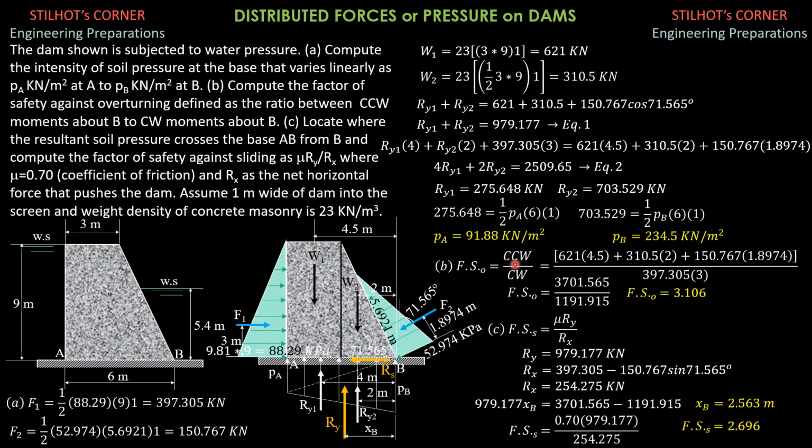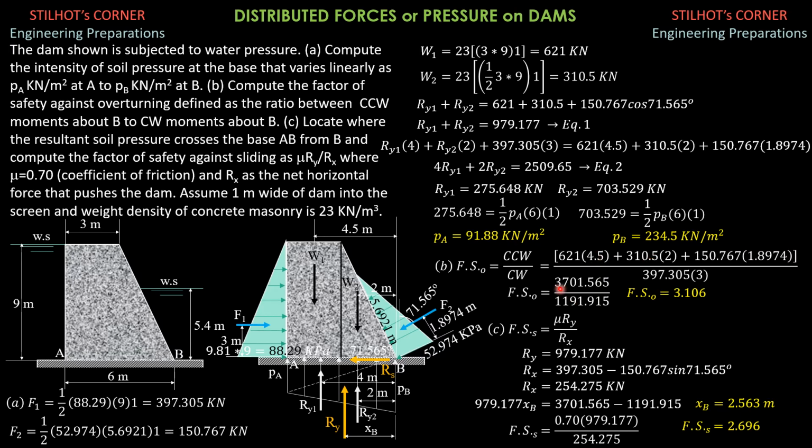So the counterclockwise moment again is W1, 621, times moment arm 4.5 plus W2, 310.5, moment arm 2 plus F2, 170.767, times 1.8974, divided by the clockwise moments, which is just caused by F1, 397.305 times 3.